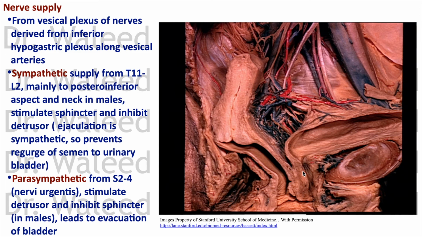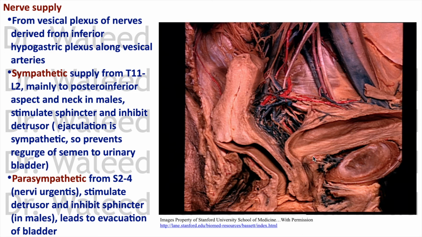Why? Ejaculation is sympathetic, so the sympathetic stimulation will contract the internal sex organs like the ampulla of the vas, like the seminal vesicle, like the prostate, and at the same time it will contract the pre-prostatic sphincter or internal urethral sphincter in the males to prevent regurgitation of the semen into the urinary bladder.